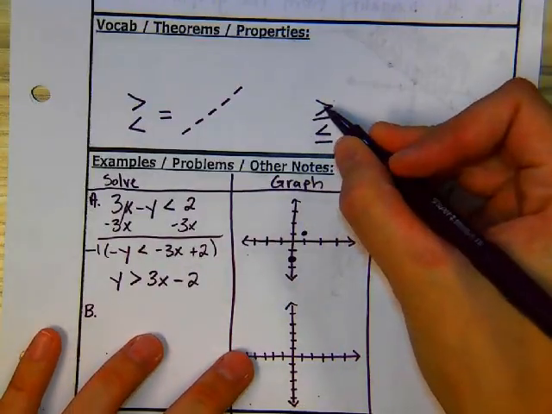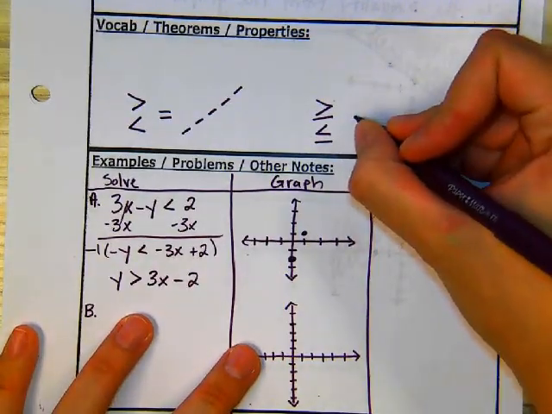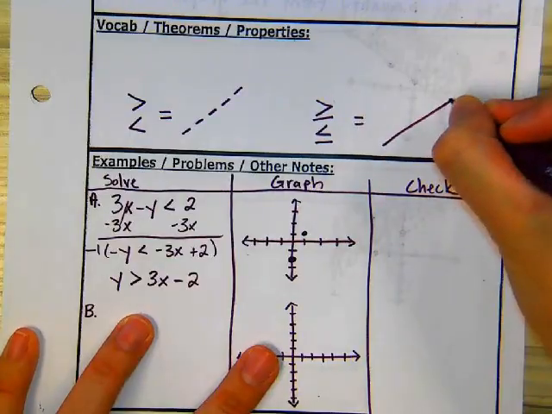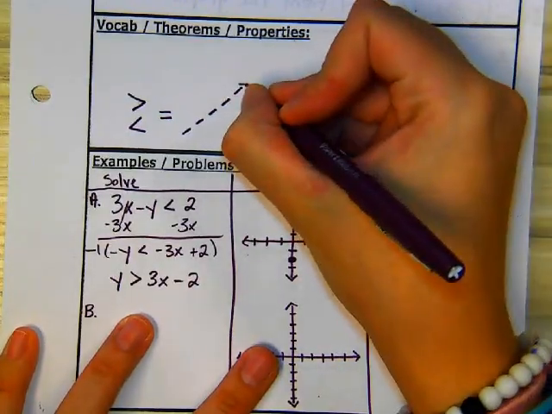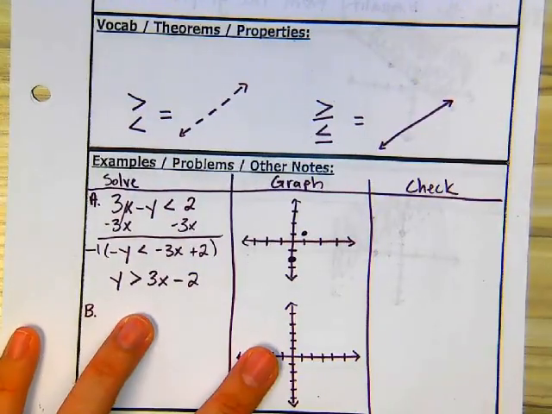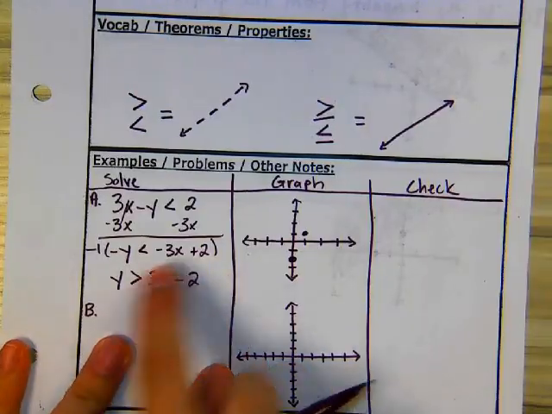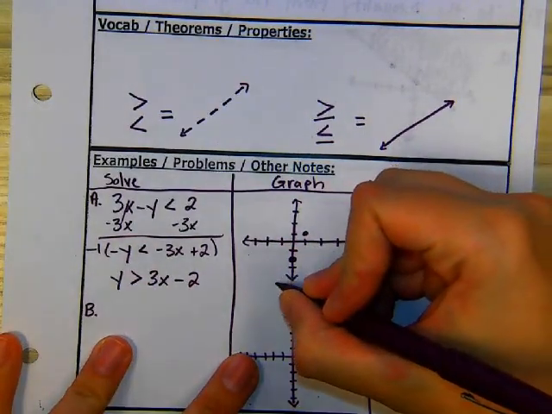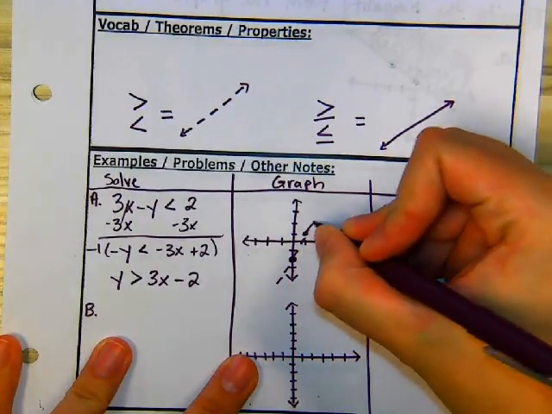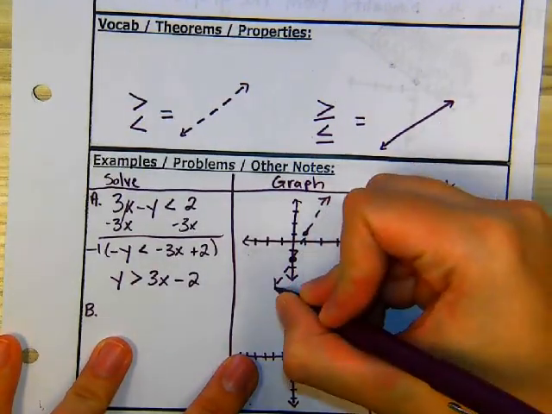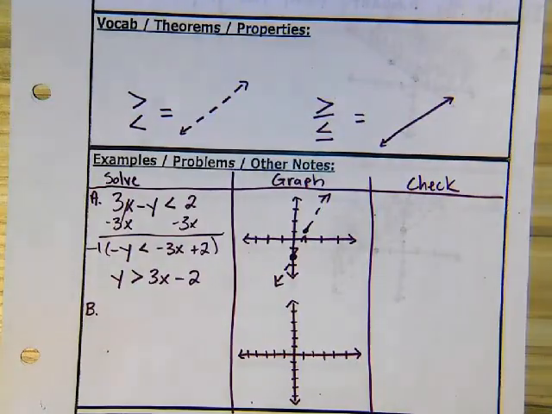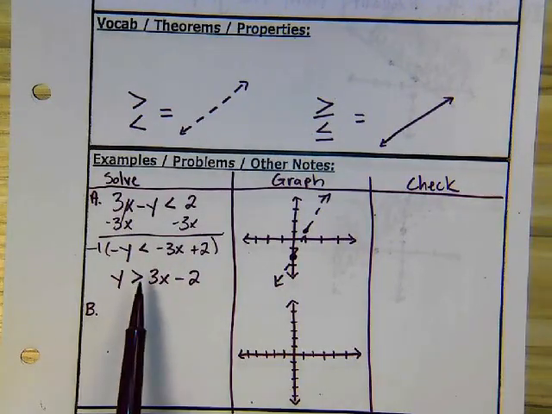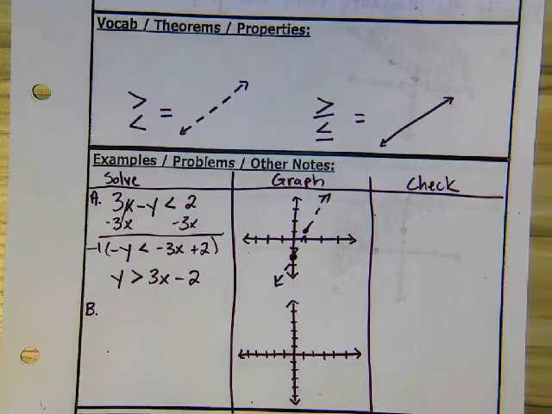Whenever we have a greater than or equal to or less than or equal to, that's when we have a straight line. For this one, since we have just greater than, we're going to have a dotted line, because that means anything on that line won't work. It has to be greater than to make it work.